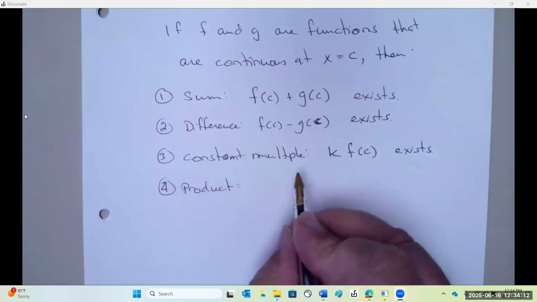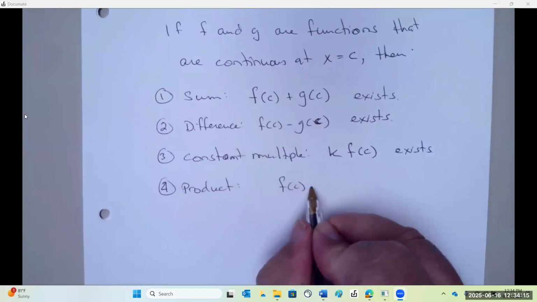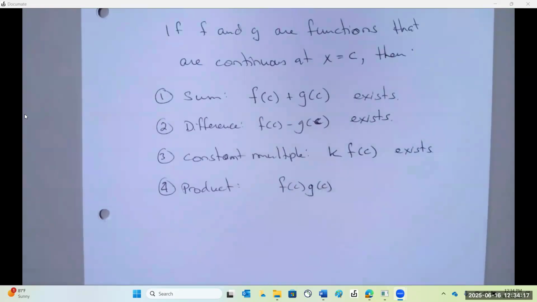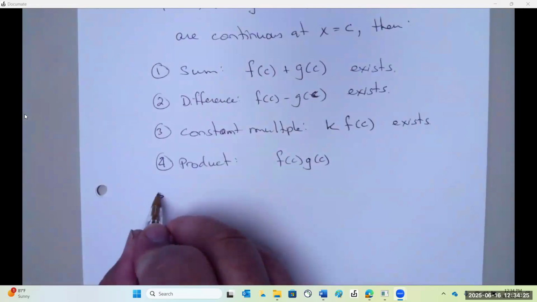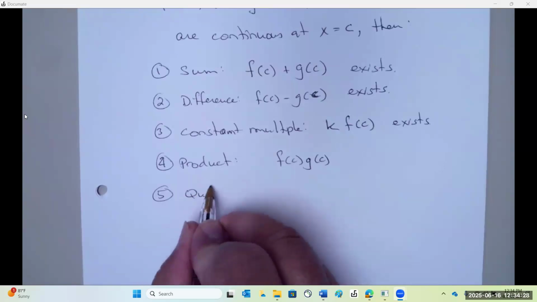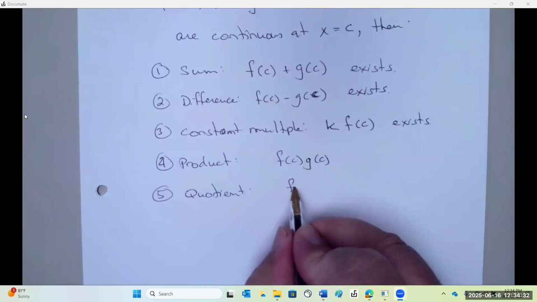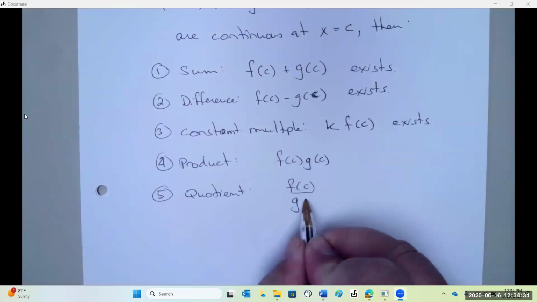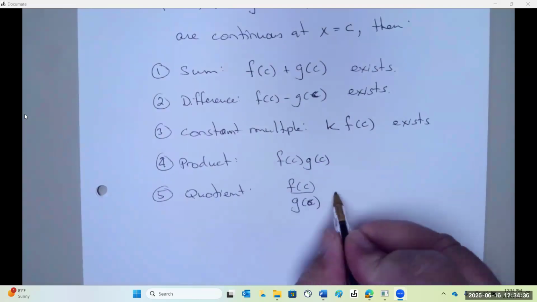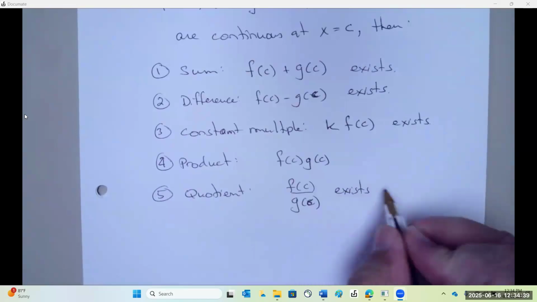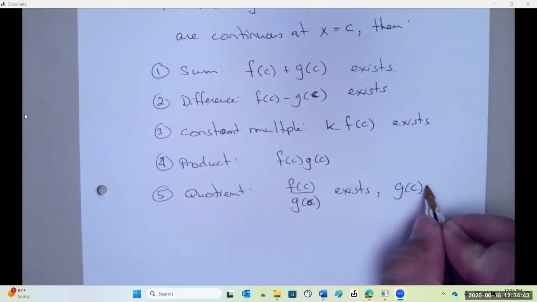The product rule says f of c times g of c also exists, because if f of c exists and g of c exists, then the product of them has to exist. The quotient rule says that f of c over g of c exists, and g of c cannot equal 0.